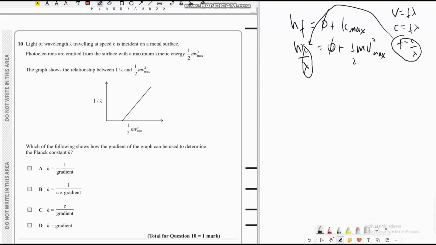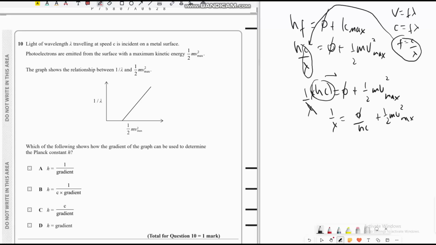We'll make 1 over lambda the variable on the y-axis, so we get the other variables to the other side. When I take the hc to the other side, I get 1 over lambda equals phi over hc plus half m v squared max over hc.